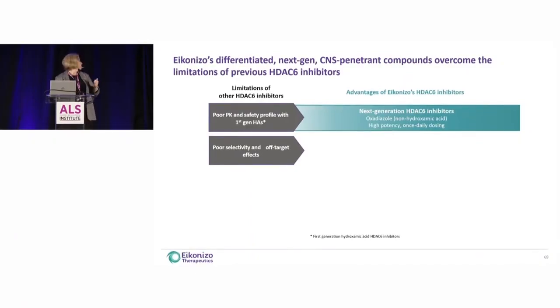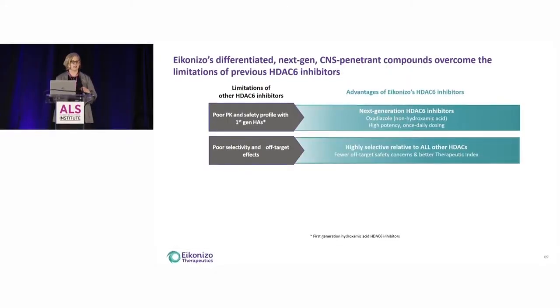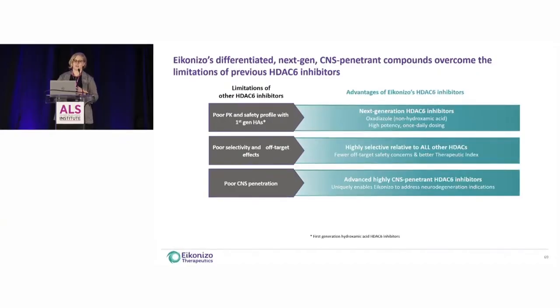The first gen inhibitors also had poor selectivity and off-target effects, whereas our HDAC6 inhibitors are highly selective for HDAC6 relative to all other HDACs, leading to fewer off-target safety concerns and a better therapeutic index. The first gen inhibitors also had poor CNS penetration, whereas our HDAC6 inhibitors are highly CNS penetrant, which uniquely enables Eikonizo to address neurodegenerative diseases.